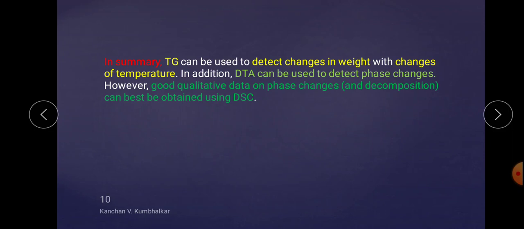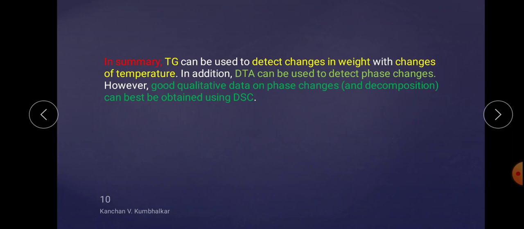If there is an increase in temperature, what is the effect on weight, or what loss of weight takes place? That is observed under a TG curve, that is thermogravimetry.